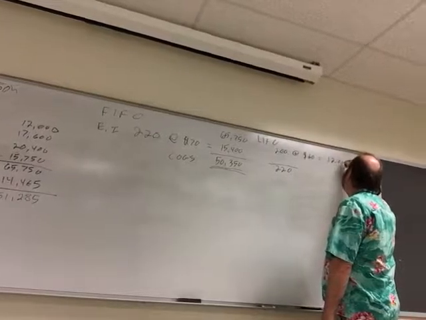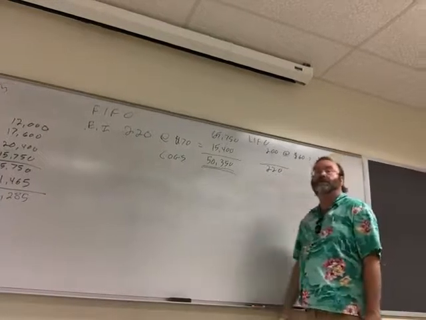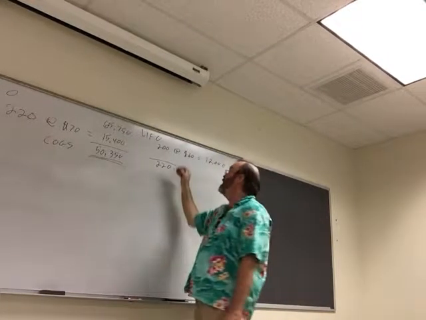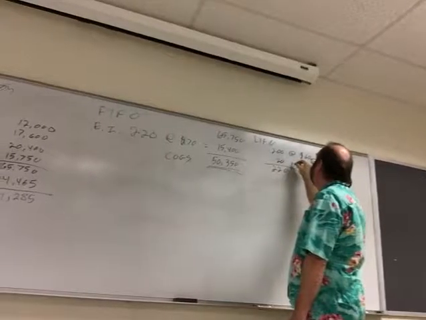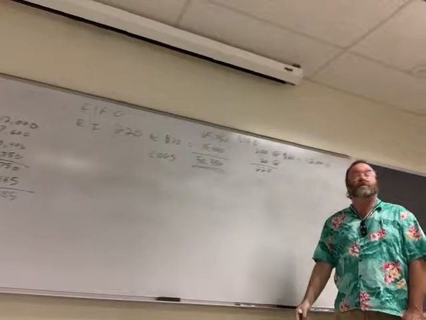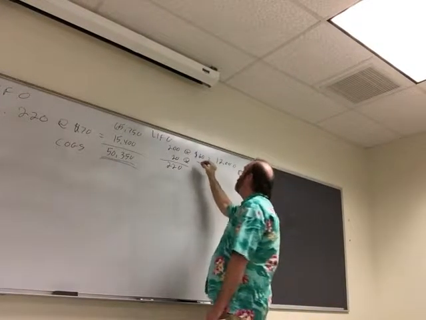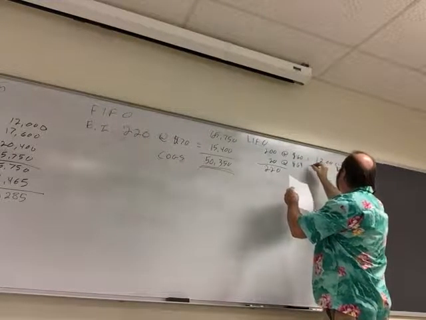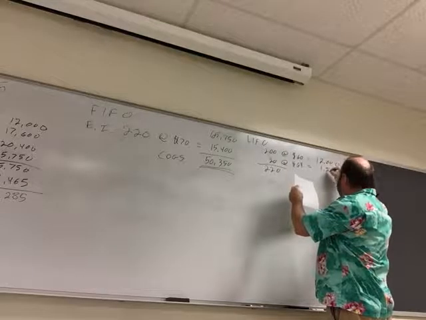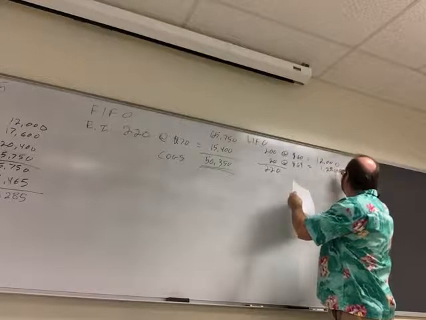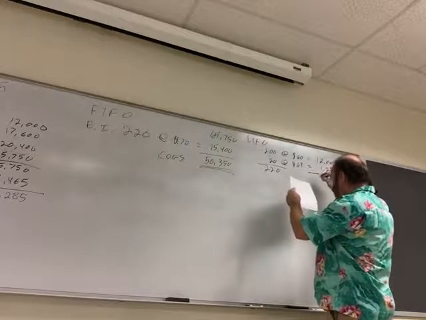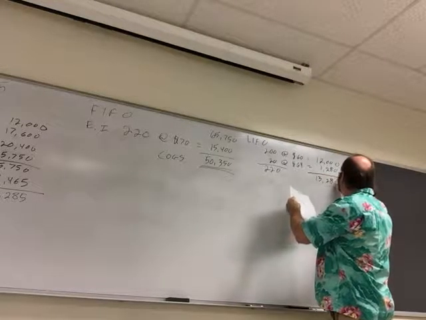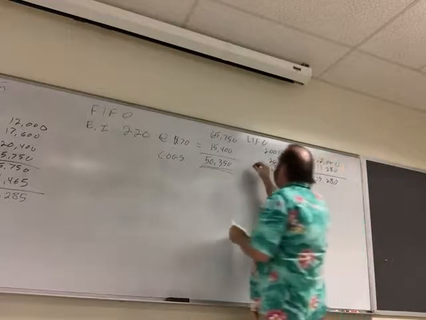That's $12,000. Where did the other 20 units come from? The February purchase at $64 or $1,280. That's a total of $13,280. That's ending inventory.